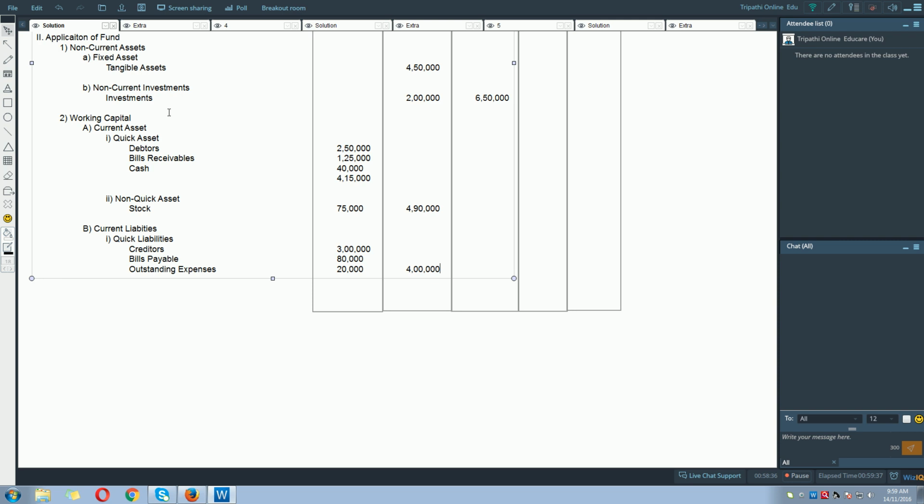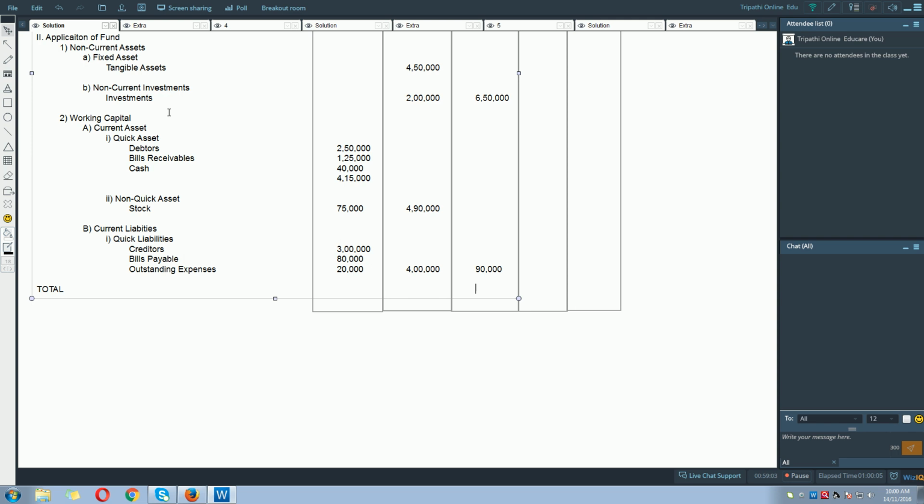Then B, current liability. In current liability also, the first item that we are going to take is quick liability. Now find out all the quick liabilities and record here.